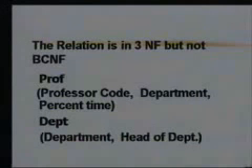And this is what the decomposition happens to be. Professor code, department, and percentage time are kept in one relation. And we separate out department and HOD. So by this particular decomposition, what we are basically trying to ensure is that our relation is in BCNF and we are not having the problems associated with redundancy, insertion anomaly, as well as deletion anomaly.